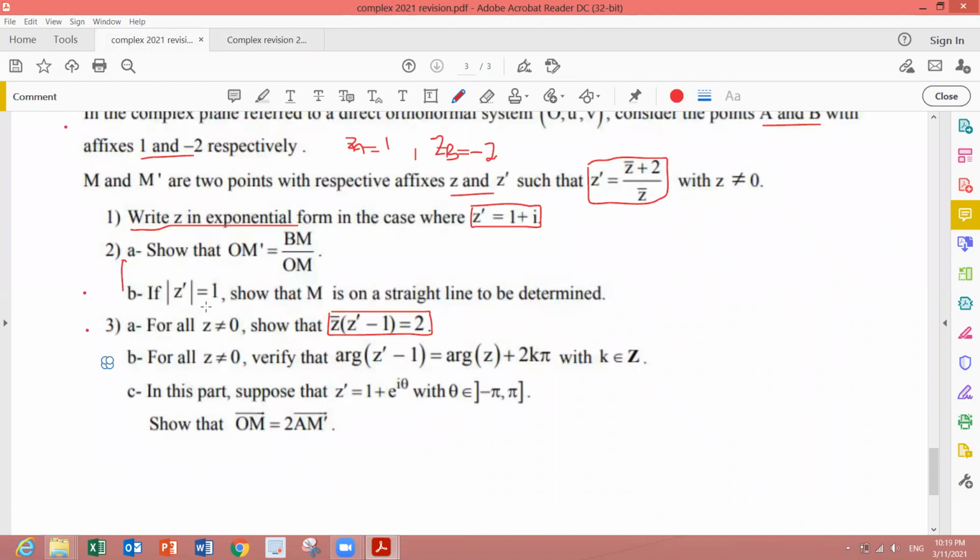Part B. For all Z different from 0, verify that argument of Z prime minus 1 equals argument of Z plus 2k pi. So we use this relation, and we put argument on each side.